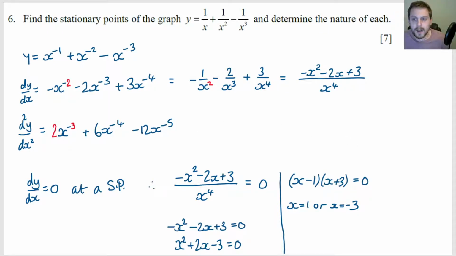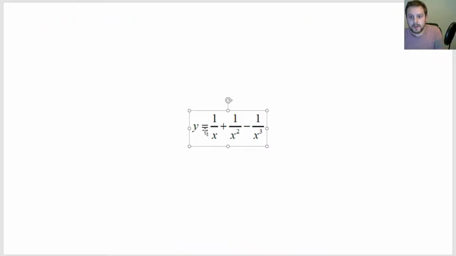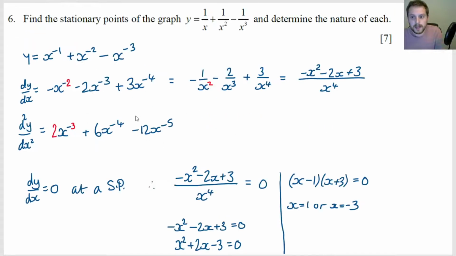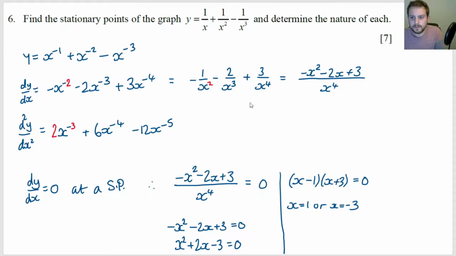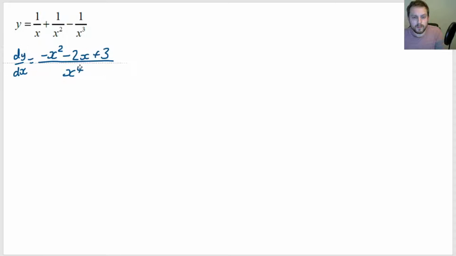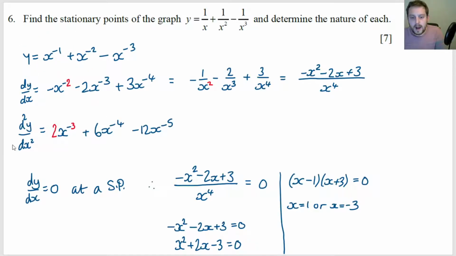So let's keep going. Let me just take a few screenshots because we're running out of room. So we've got the actual y. We have got what dy by dx is equal to. And we've got what d2y by dx squared is equal to.